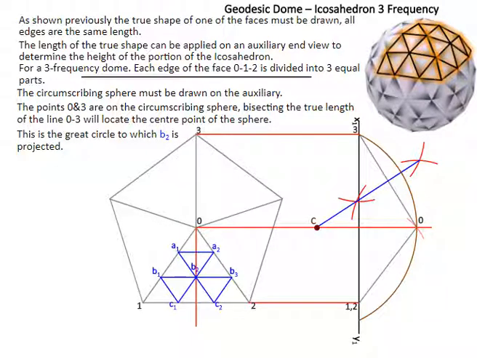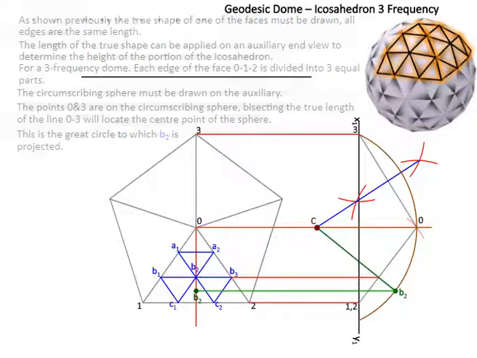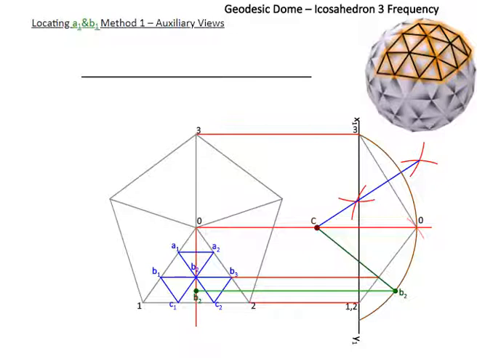So this great circle to which B2 is projected, you can see that then it comes across, and then comes back then to the original 0 line drawn down. So what we have to do then is locate A1 and B1, and the method we're using for this is auxiliary views.